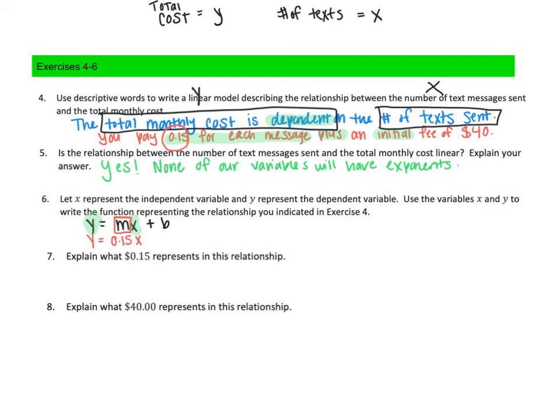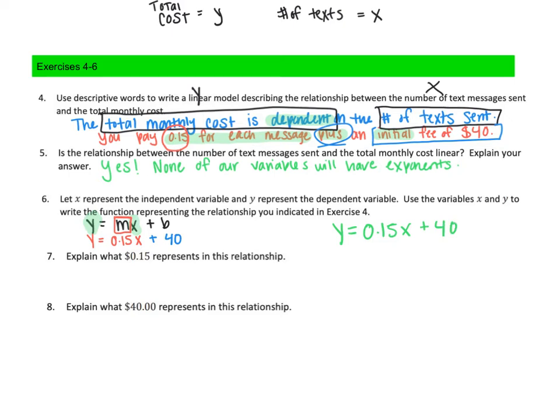And then it says plus, here we have our plus sign, an initial fee. Remember our initial value, that's our y-intercept. So this initial value is $40. So this would be my total final equation. I'm going to write it in green over here to the left so it's just a little bit bigger. y equals 0.15x plus 40.